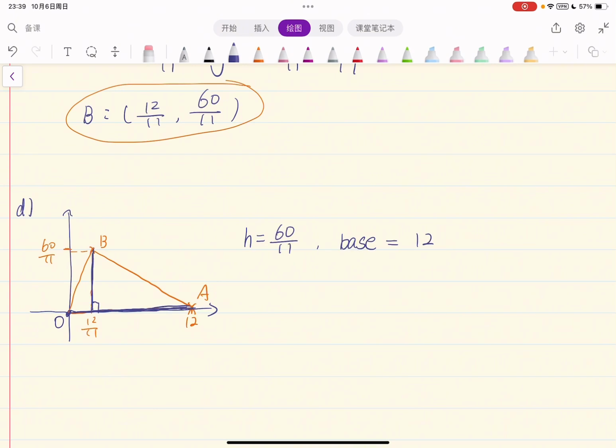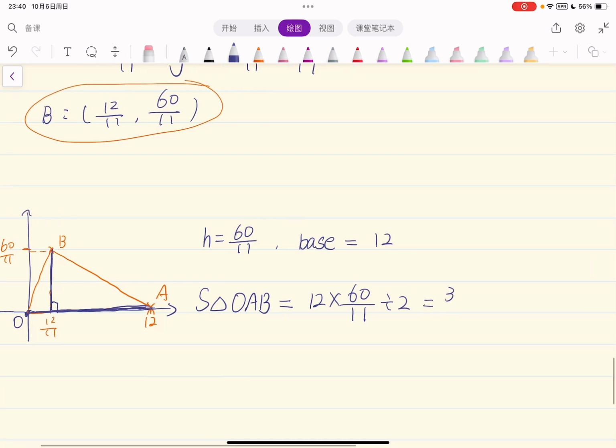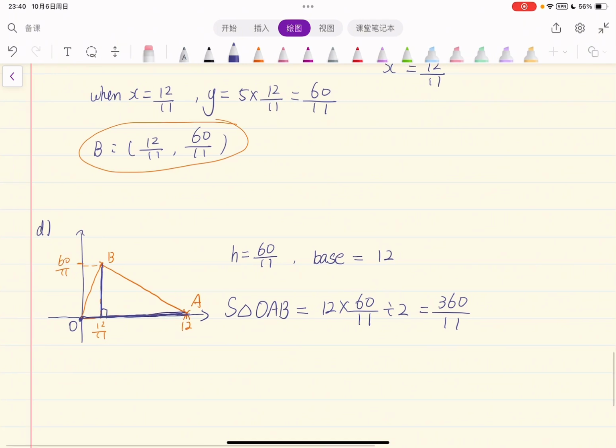So the area of triangle OAB equals 12 times 60/11 divided by 2, which equals 360/11. So we get the area.